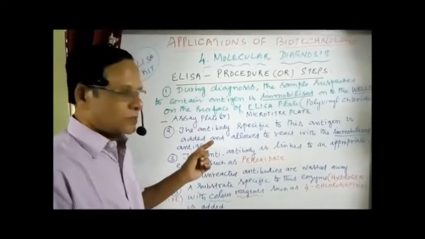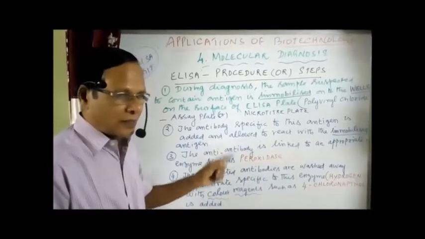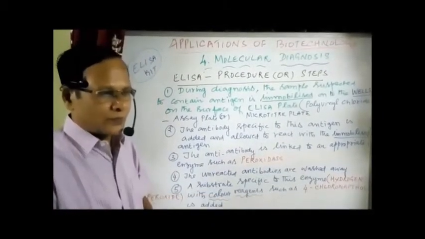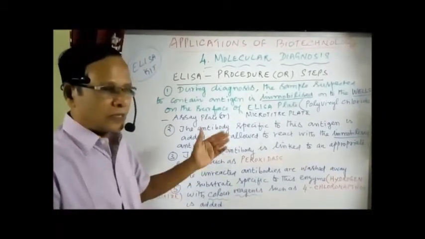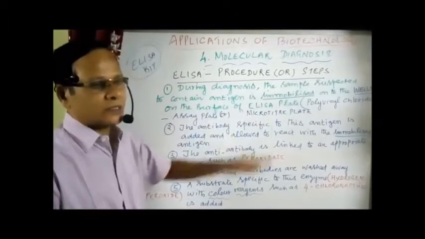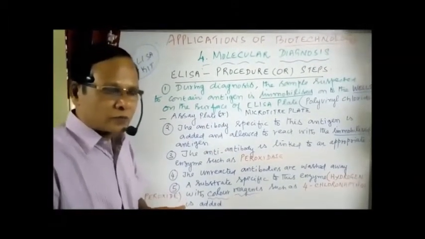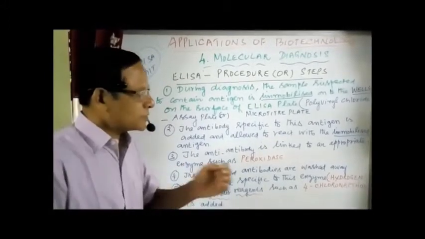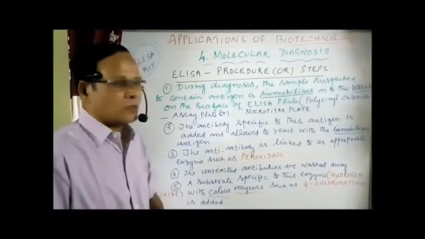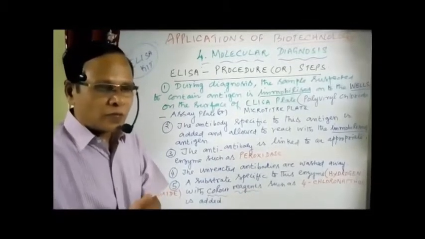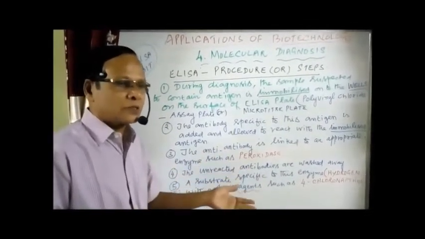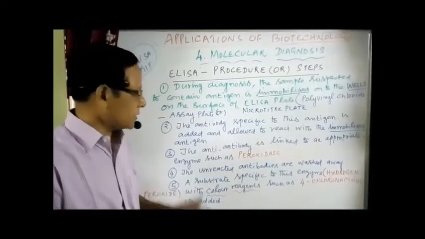So, first you have to add the antigen that should be immobilized in the wells using the buffer. Then we have to add the antibody which will react with that antigen. Then we have to add another antibody which is linked with a specific enzyme, here peroxidase. Then we have to add the substrate after removing the extra antibodies which are not reacted with antigen.